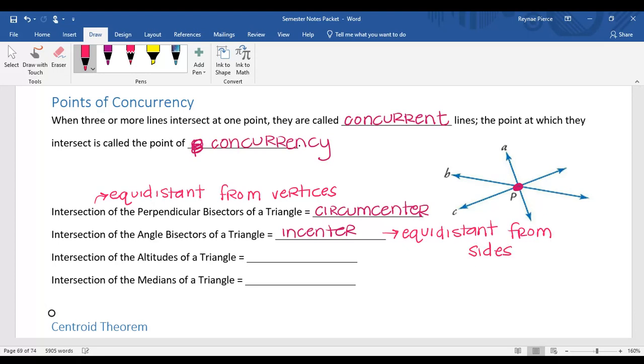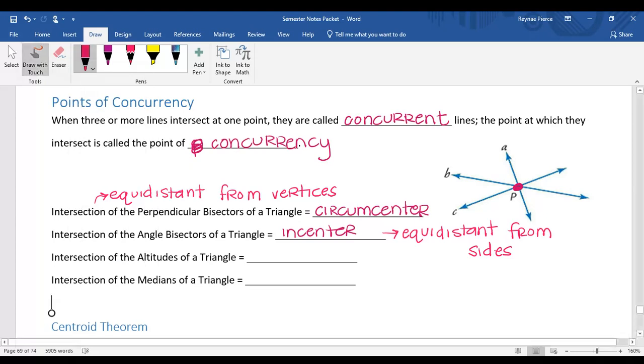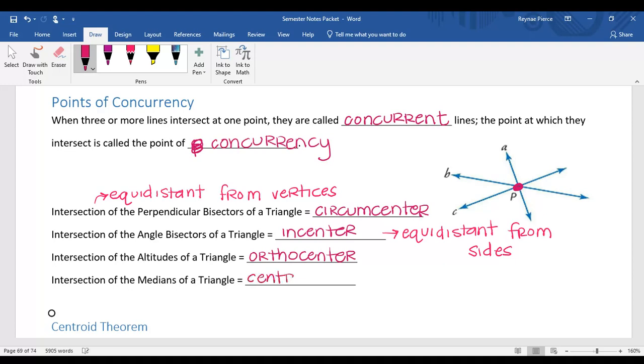All right, when all three altitudes intersect, we call that point of concurrency the orthocenter. And then when all three medians intersect, that point is called the centroid.